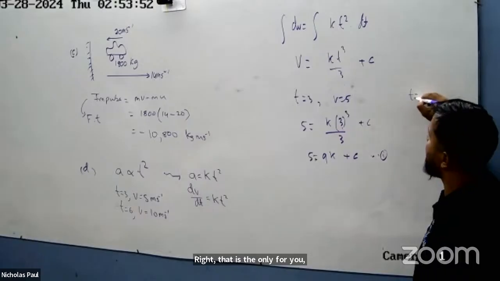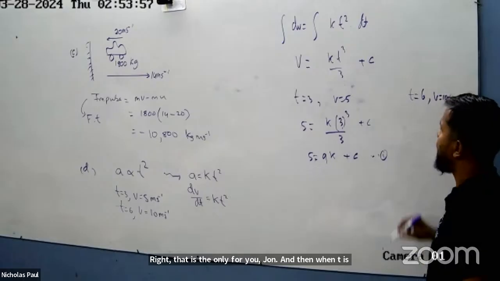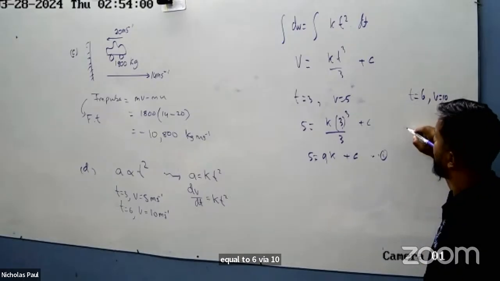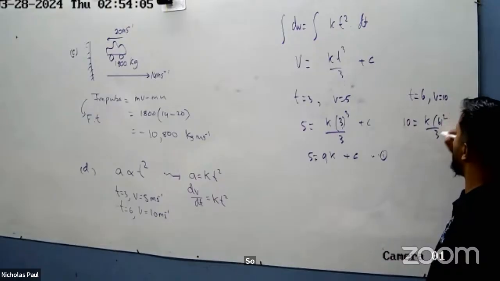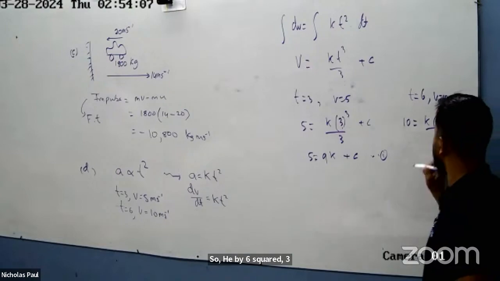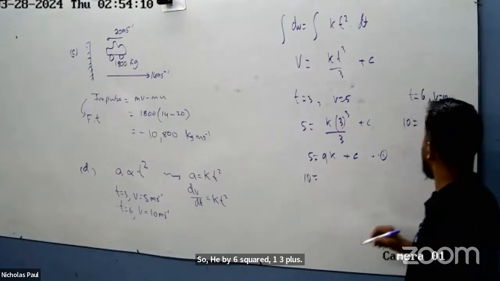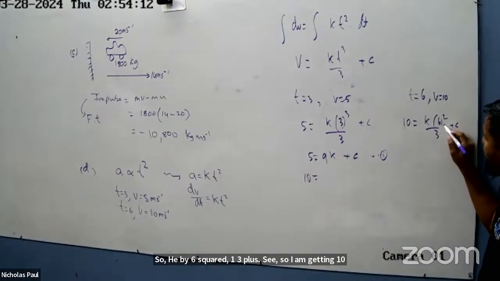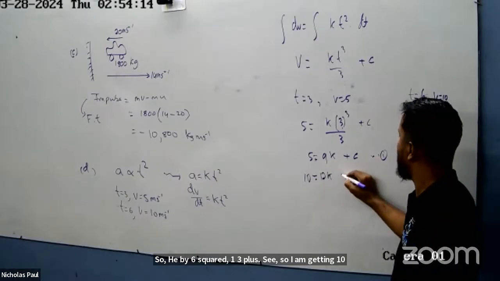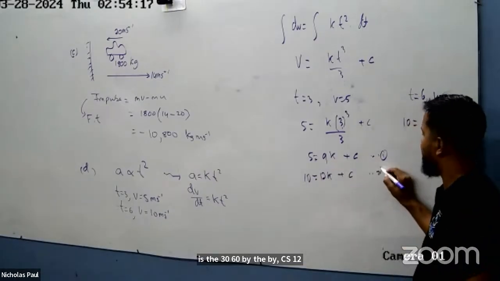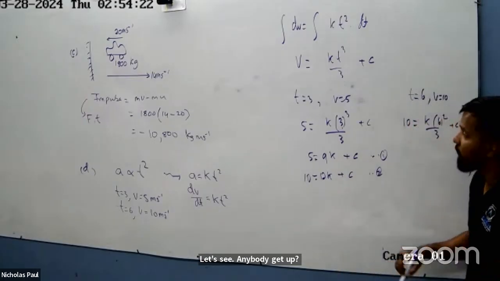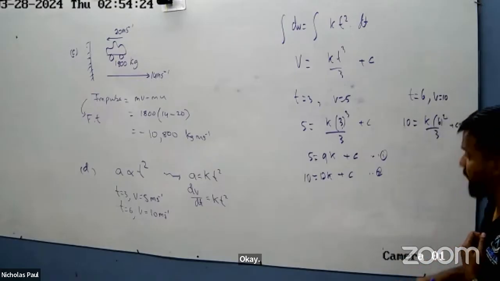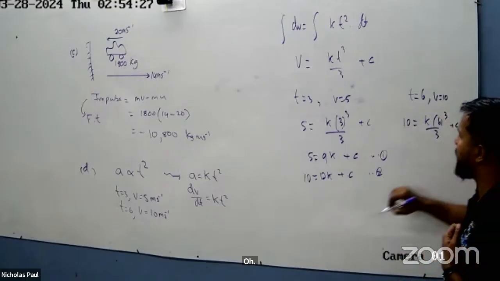And then when t is equal to 6, v is 10. So 10 is equal to k times 6 cubed over 3 plus C. Oh, sorry, it's cube.